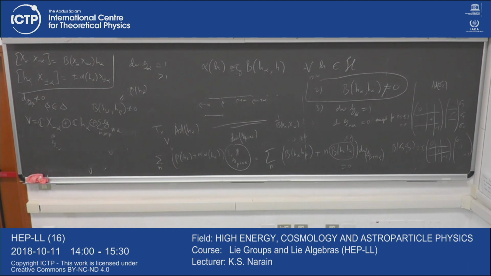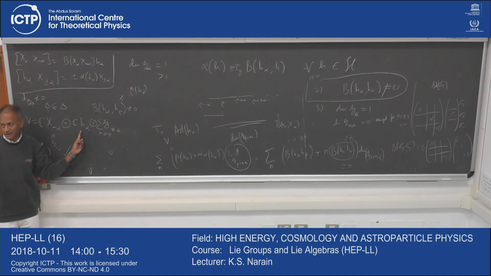Now this space is also invariant under these three actions. Let's take it step by step. Add H alpha clearly, because each of them is an eigenstate of this, so that leaves all this space invariant. Add x alpha is also okay, because when you take the commutator of x alpha with x minus alpha, I just get h alpha. I don't get anything else in the Cartan, just that.